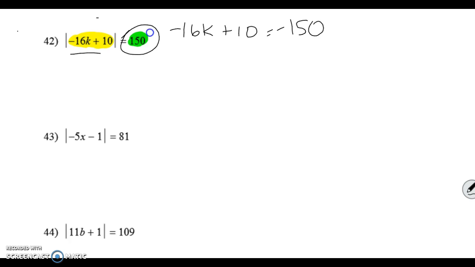Again, yellow location. Negative 16k plus 10 equals positive 150. And we know that negative 16k plus 10 means negative 16 times k, plus 10.